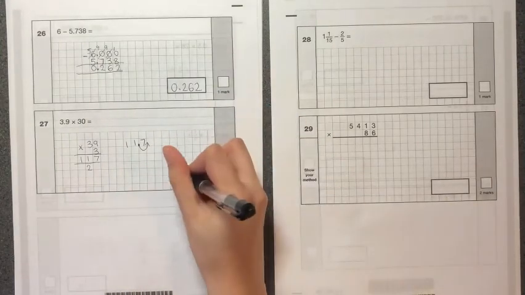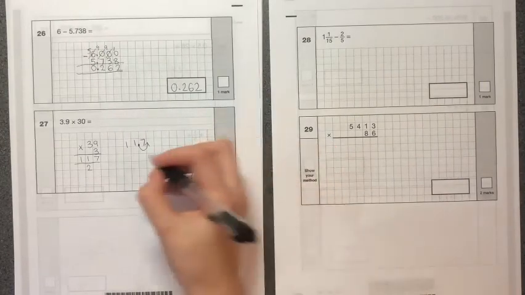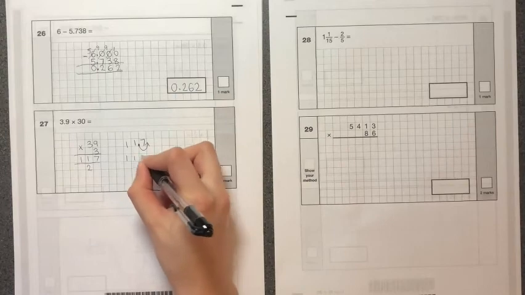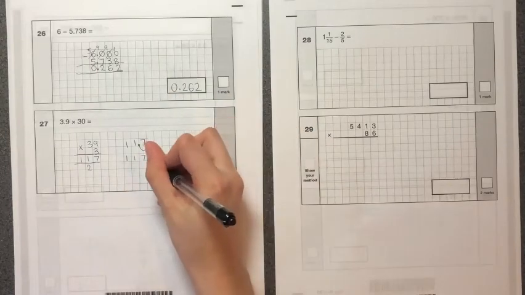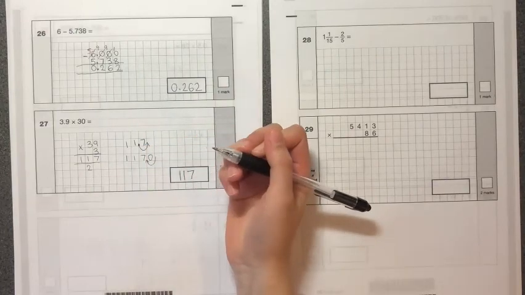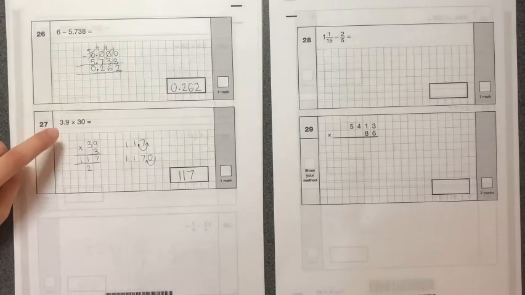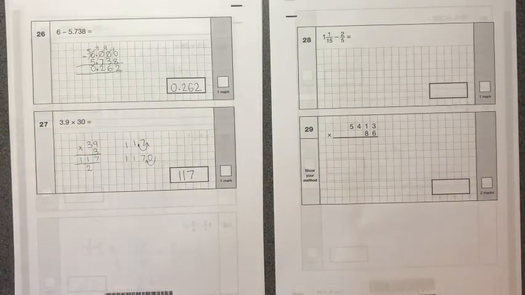So our number would still be 117. Or, if we add the 0 first, 117, add our 0, move along one decimal place is here. Our number would still be 117. So a decimal place and a 0 cancel each other out.